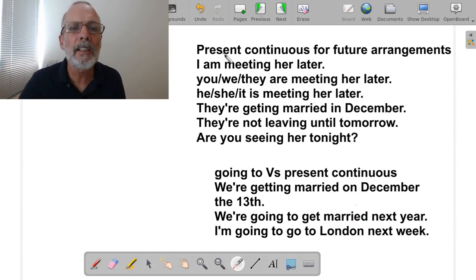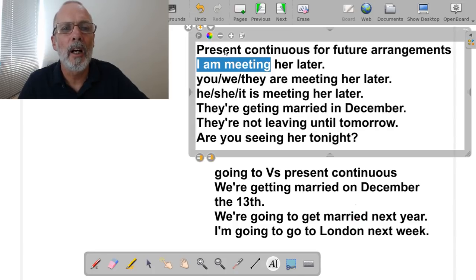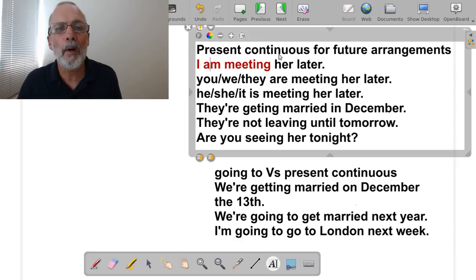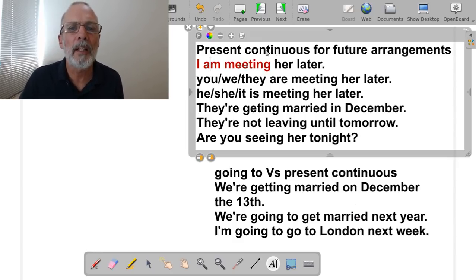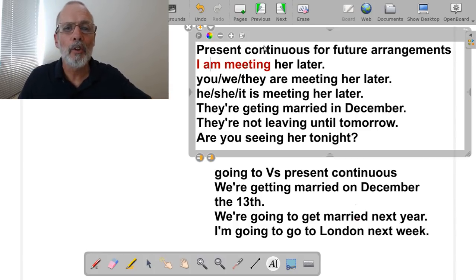You can use this tense, which we use more for arrangements, which is the present continuous, which we've seen before. With the present continuous, we're going to use the subject, the verb be, and the verb with ing. It's the same present continuous that we use to talk about things happening now, but we're using it here to talk about arrangements in the future.